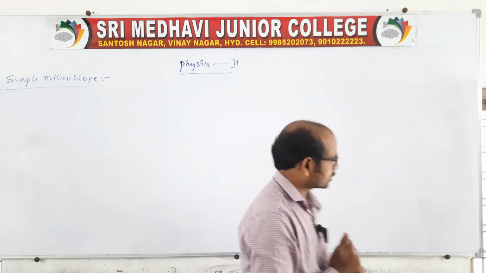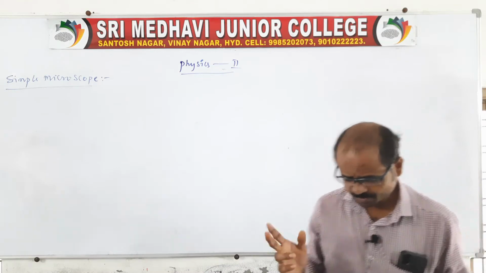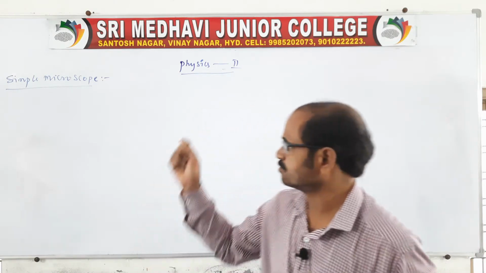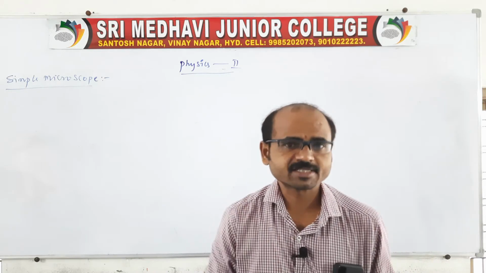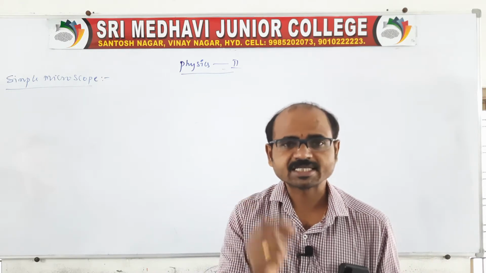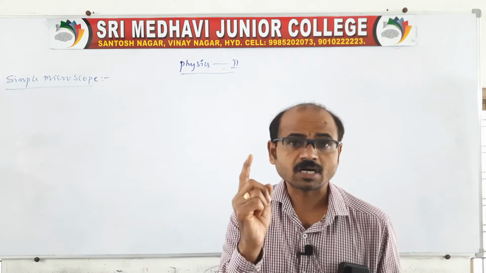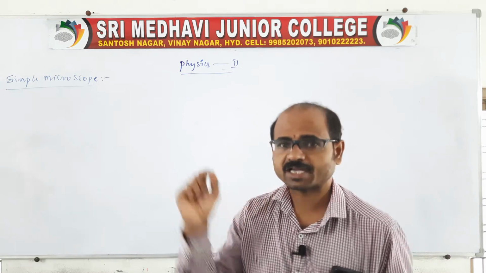Now I want to tell you one thing. There are two types of microscopes. One is the simple microscope, which consists of a single convex lens fitted in the microscope.